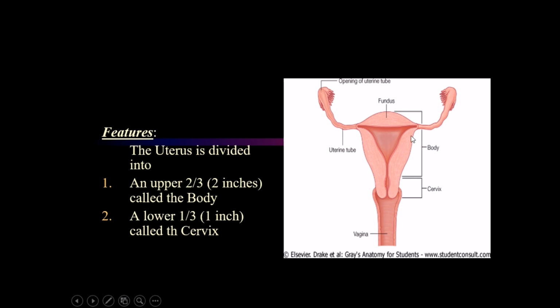These two parts have some features in common and some features which are different. The lower part has a lesser capacity to enlarge, hypertrophy and undergo hyperplasia. So the lower part is called the cervix, and the upper two-thirds is called the body.